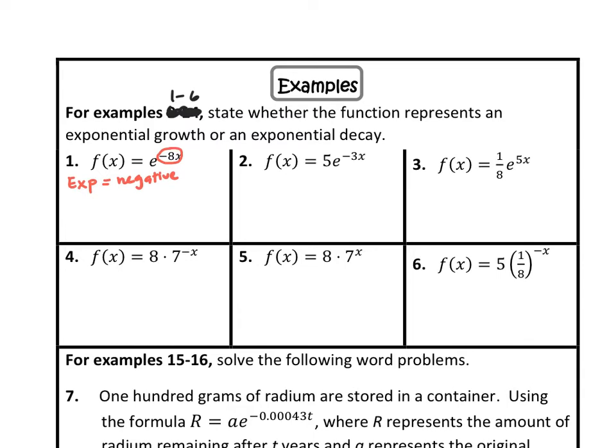Okay, so if we look at the base for example 1, we see that the base is e. The base is equal to e, which is approximately, we said, 2.7, right? Which is greater than 1.